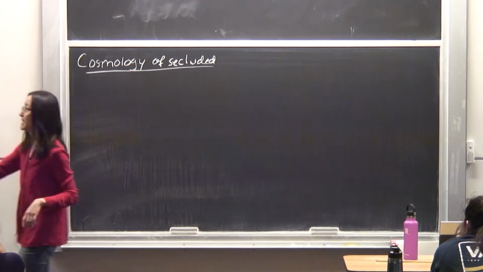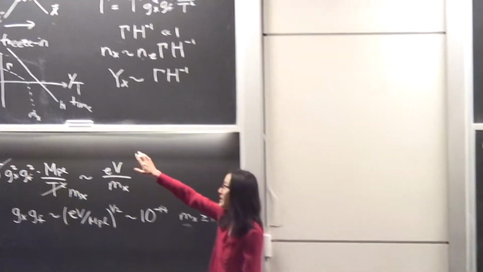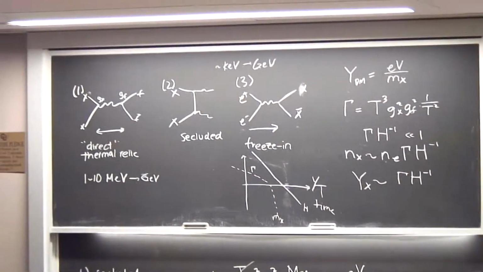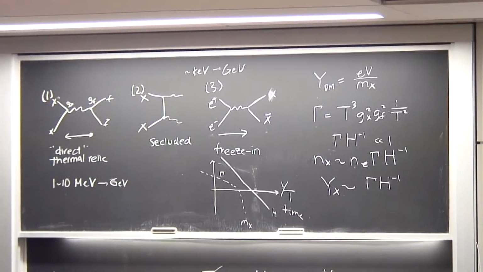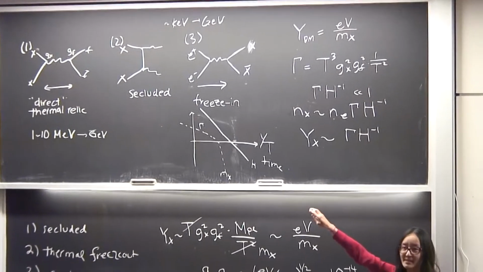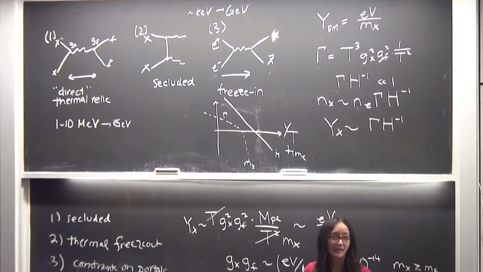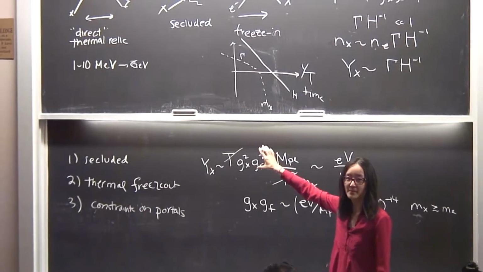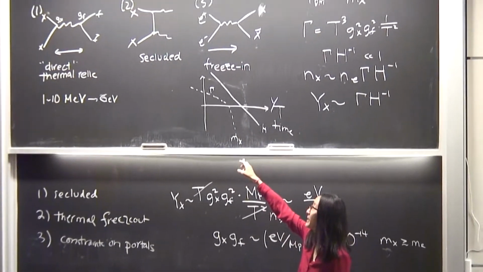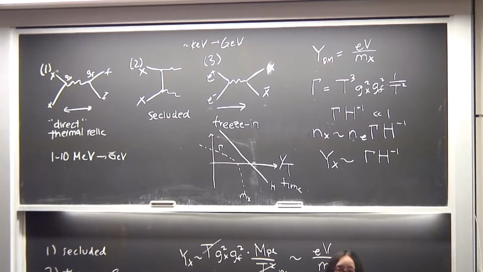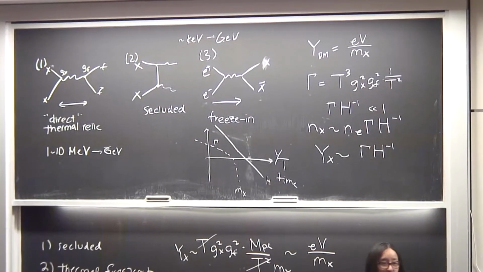So the comment is that even in number 2, if we allow both of them to be components of the dark matter, I've assumed that this dark sector, or this annihilation process, is in thermal equilibrium. So if the mediator is very massive, then I still end up with way too much of this dark sector energy density.